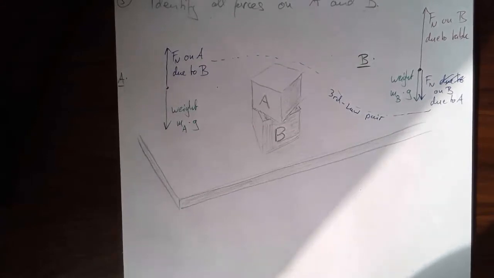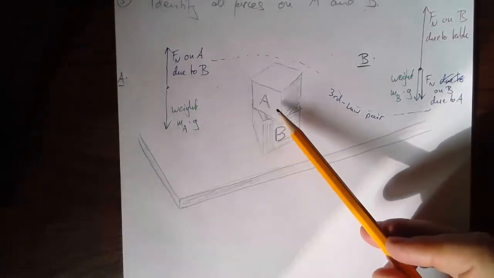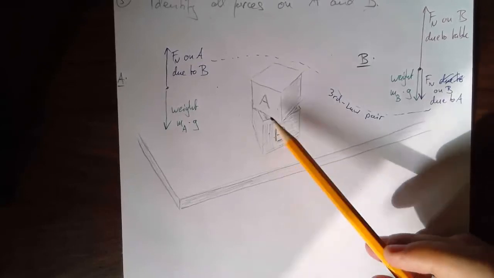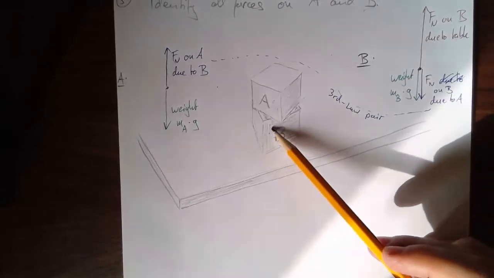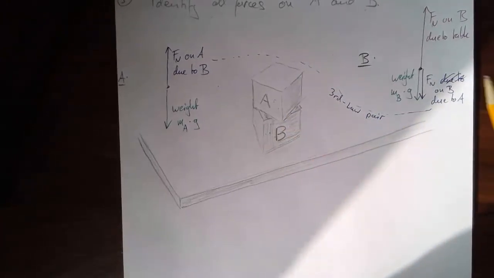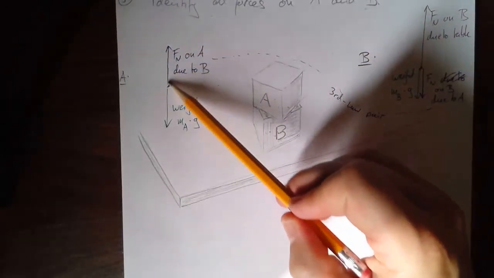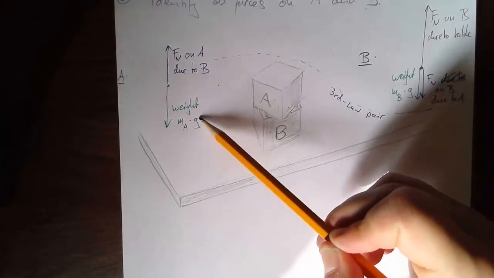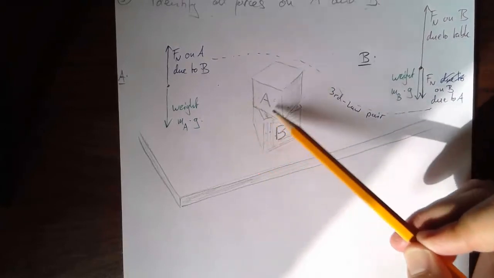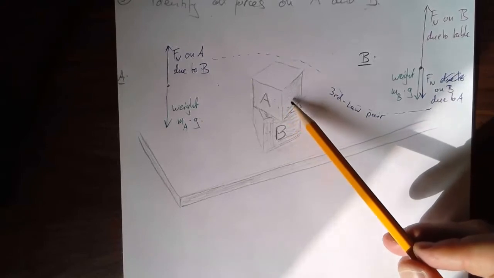Okay. But it's important to note that technically speaking, it is not the weight of A that acts on B. There is a temptation to say that the weight of A acts on B. Not quite true. Technically, what acts on B is the normal force on B due to A. That force, this is the other side of it, happens to be equal to the weight of A, because it cancels out the weight, or else this thing would be falling, assuming there are no other forces acting here.